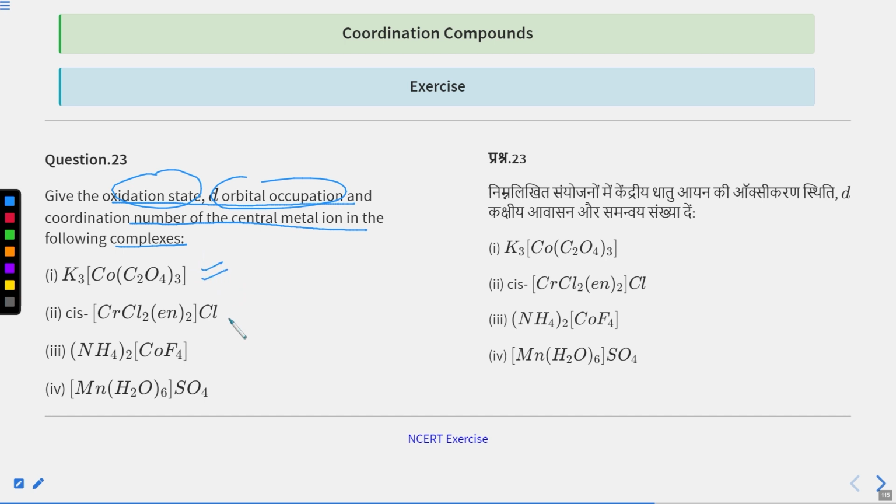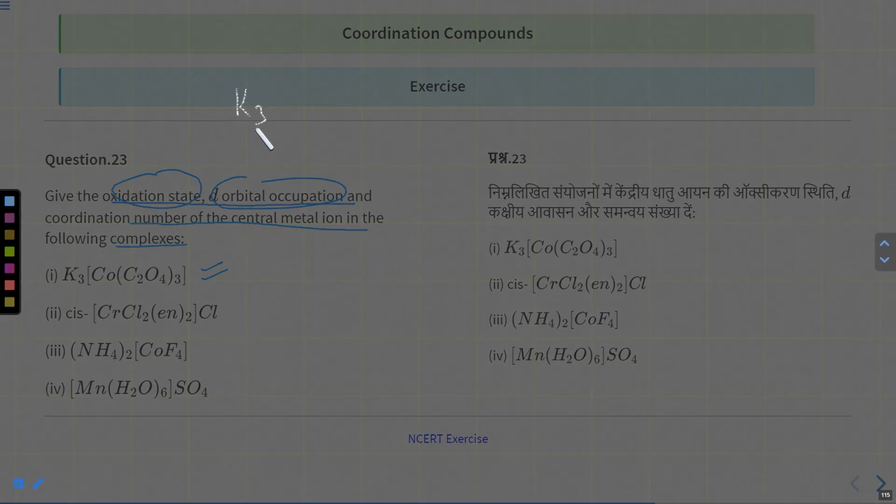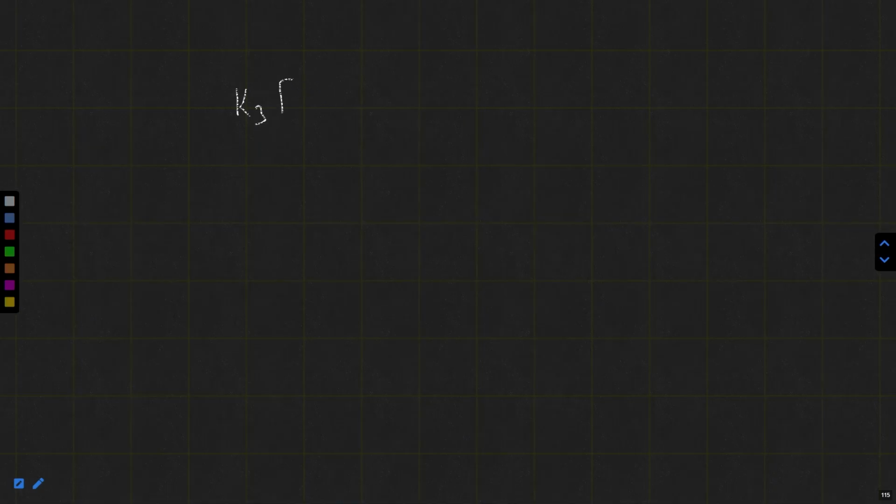So in this case, what is the oxidation state in K3[Co(C2O4)3]? Let us write this complex here: K3[Co(C2O4)3]. For K3, each potassium has the oxidation state of +1, so 3 into +1.